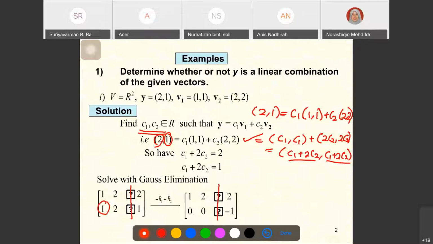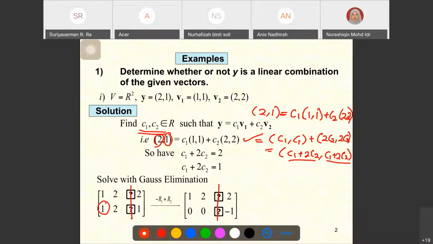What can you say here? No solution, that's right. Why is it no solution?